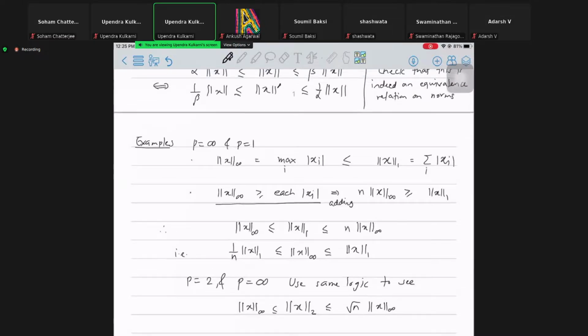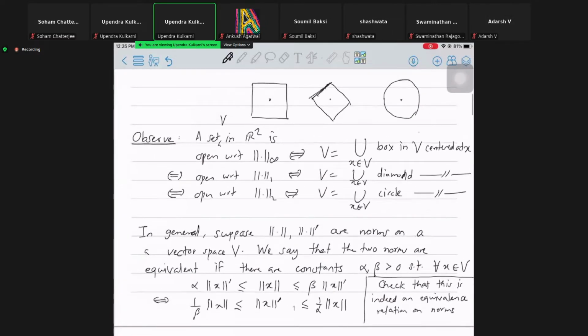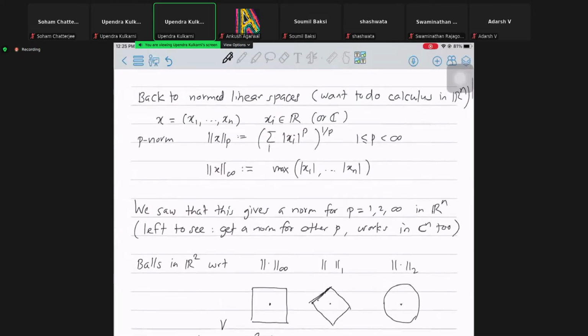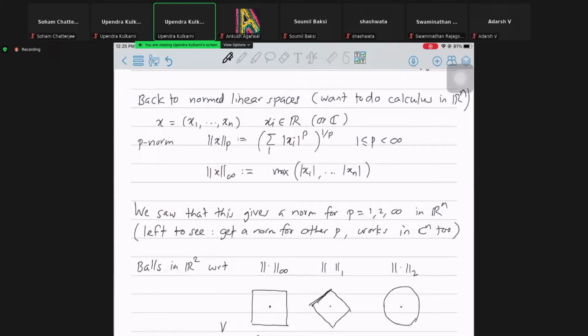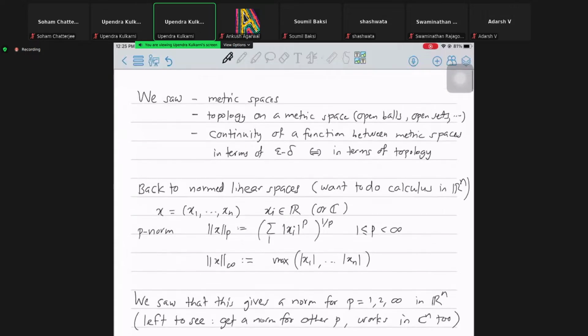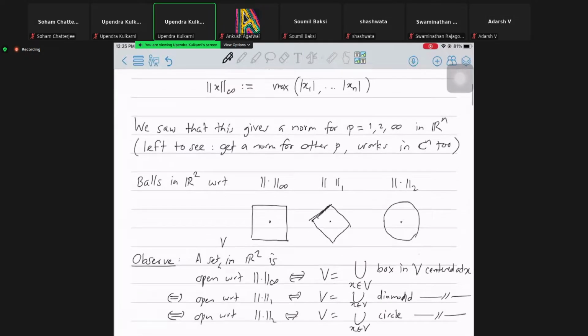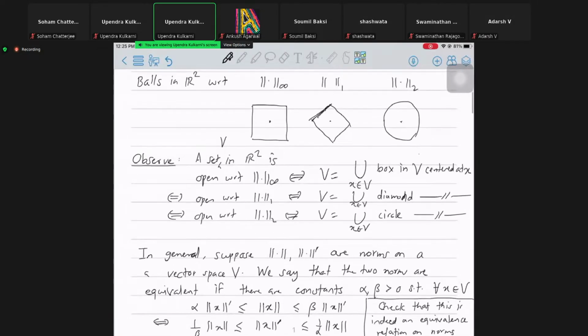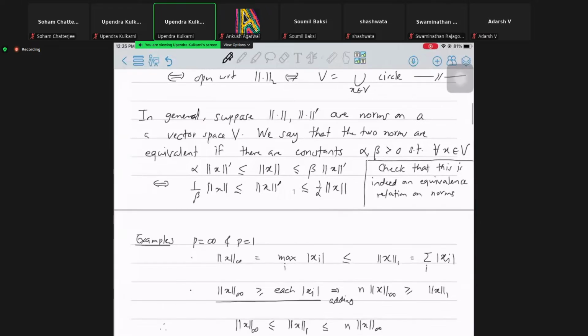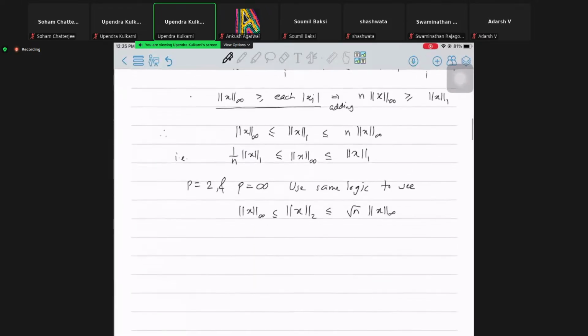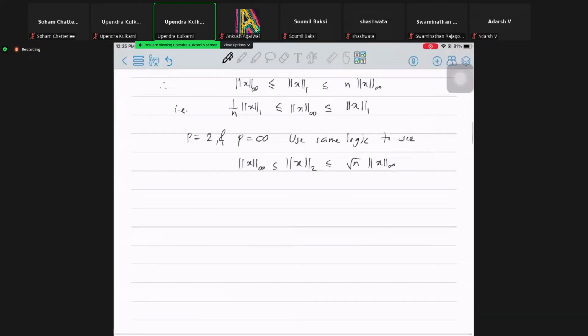Okay, so currently all this business about norms and them being equivalent has nothing to do with the topology, right? So let's make the connection that what we saw in case of R2 with these three norms, it is really true in general whenever I have equivalent norms. So claim. Okay, so fact.